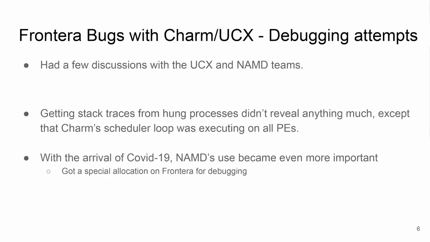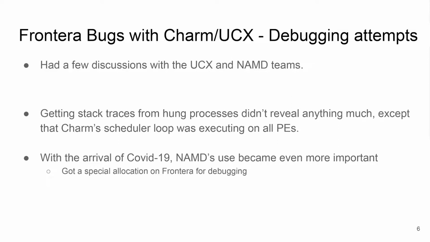So we made quite a few debugging attempts throughout the year. We had quite a few discussions with the UCX and NAMD teams about how we can tackle this tricky bug. And in one of the attempts, I had discussions with Yossi and Mikhail at last year's dev workshop as well, where we tried getting stack traces from hung processes. And later on, when I tried this experiment again with a bigger run that hung, I basically saw that all the PEs were in Charm's idle scheduler loop.